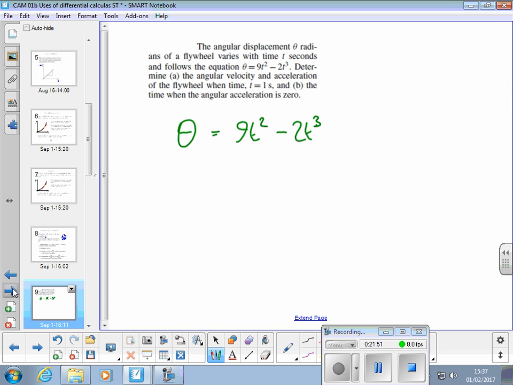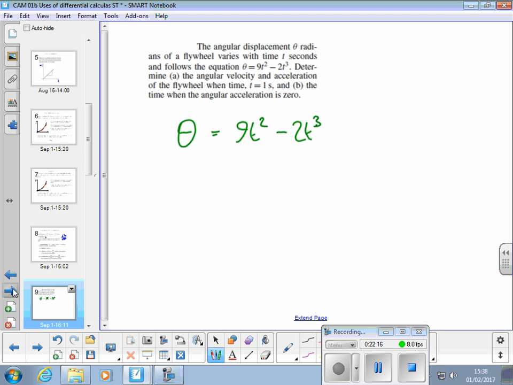So that's our function for the angle with respect to time. We're not talking about distance moved along a straight line in meters, we're talking about the angle moved. Other than that, similar to what we've already been talking about.